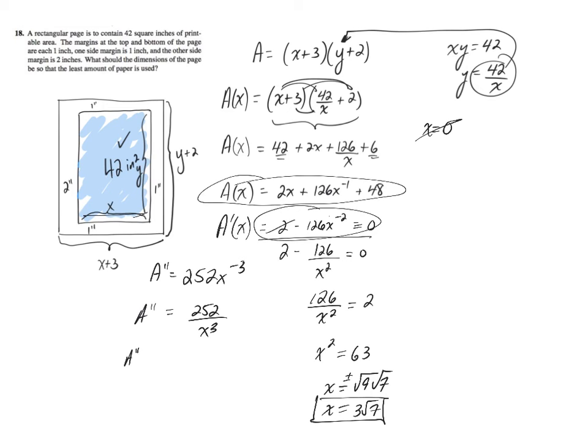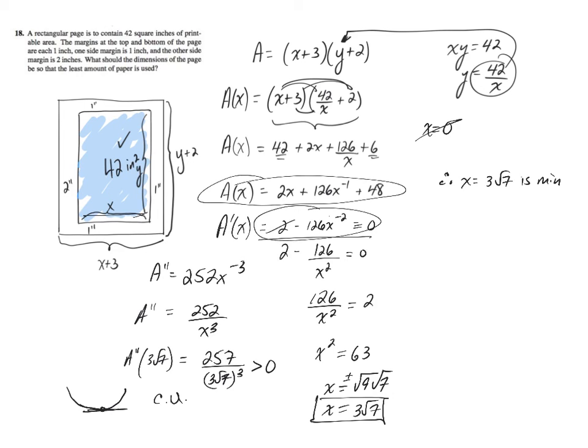So the double prime at 3 root 7, I have no idea what its value is going to be, but I can tell you for sure it's going to be positive. 3 root 7 getting cubed is certainly greater than 0. Because the second derivative is positive, the function is concave up. But we already know that the slope was 0, and if it's concave up with a slope of 0, that represents a min. So we could say, therefore, x equals 3 root 7 is a min.